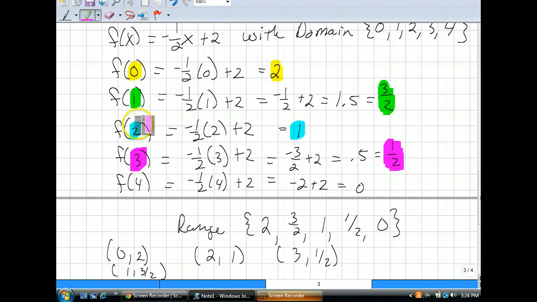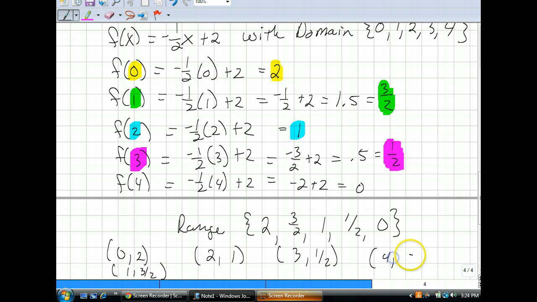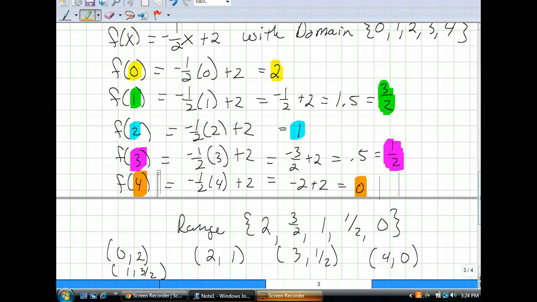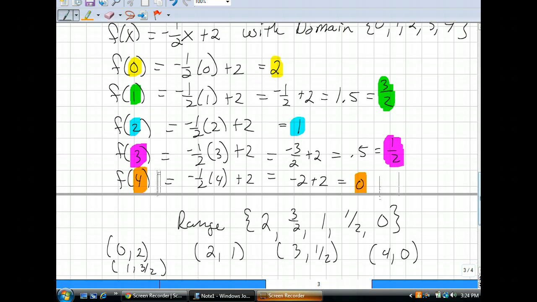So these are all your x values. These results are all your y values. And then finally I would have 4, 0, okay, which again came from this and this. Now notice that I'm only allowed to use those values for x.